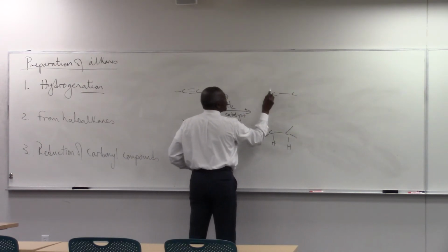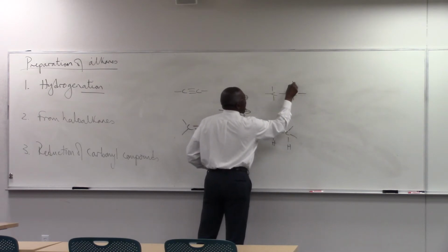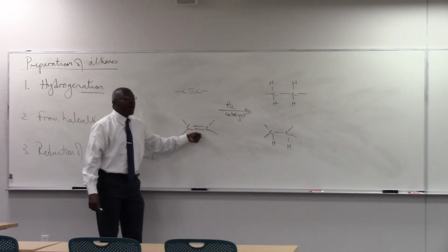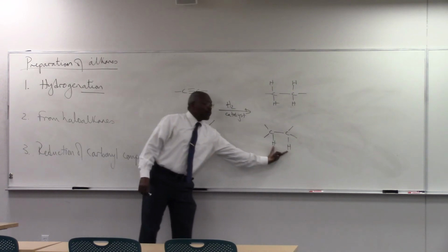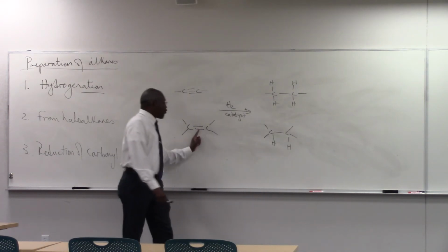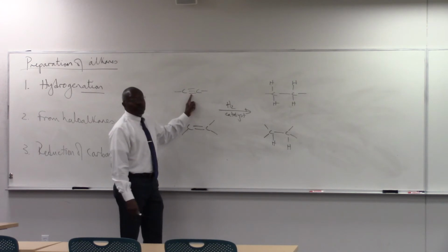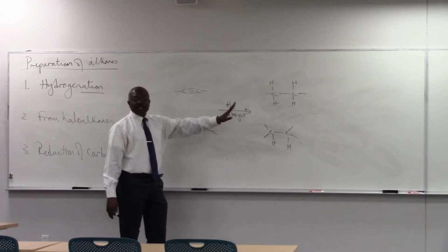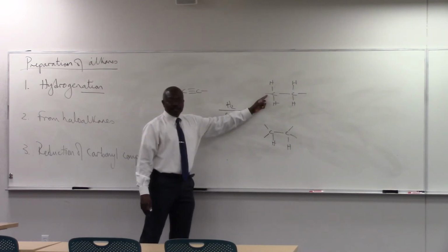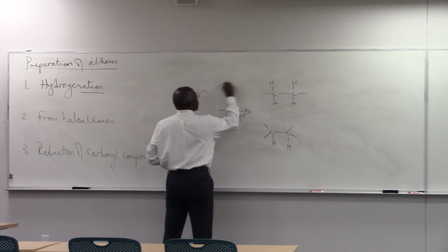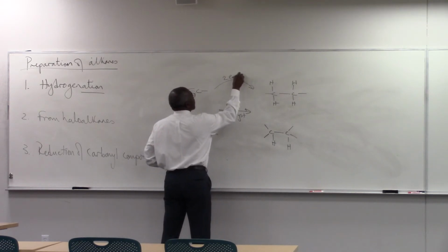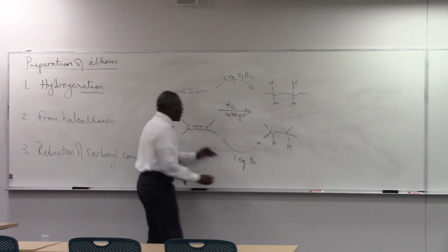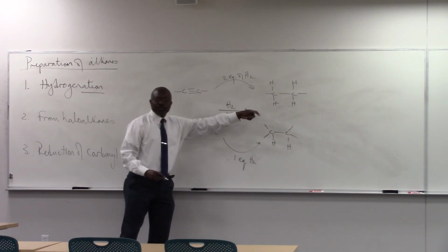But you can clearly tell that in this case I would have to add two equivalents of hydrogen gas. For every 1 mole of the alkene, I would need 1 mole of H2, because I'm only destroying 1 pi bond. But for every mole of the alkyne, I'll need 2 moles of hydrogen gas, because I'm destroying 2 pi bonds in this process. So this is 2 equivalents of H2, and this is just 1 equivalent of H2.